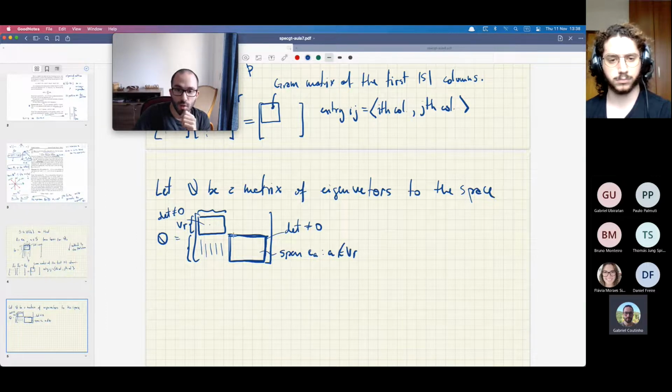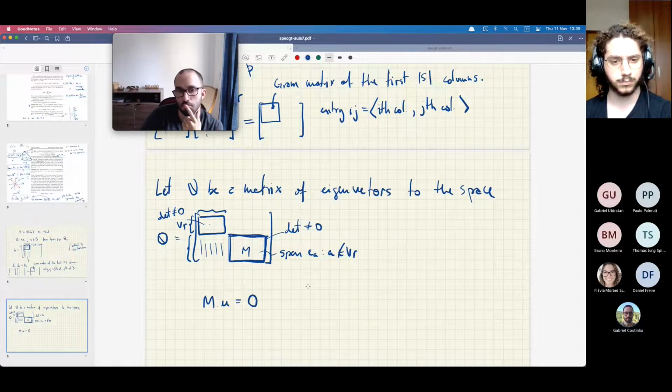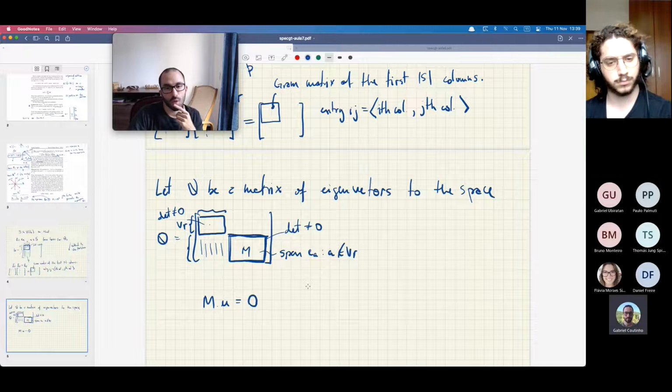Now, what happens if I get this block here? Call this block M. What happens if I apply this block to a vector and I get 0? What happens if M times u is equal to 0? What is the problem here?